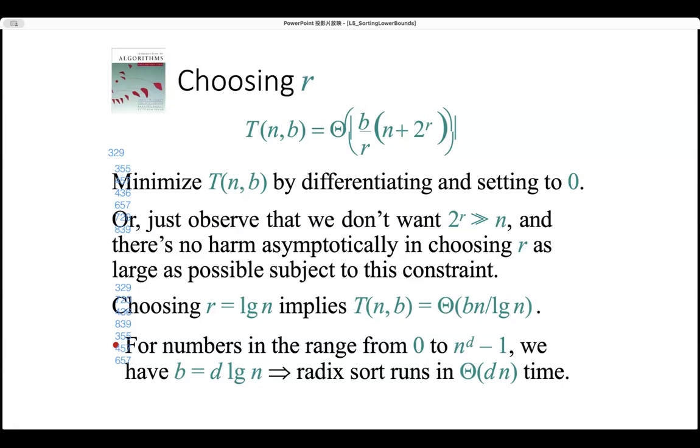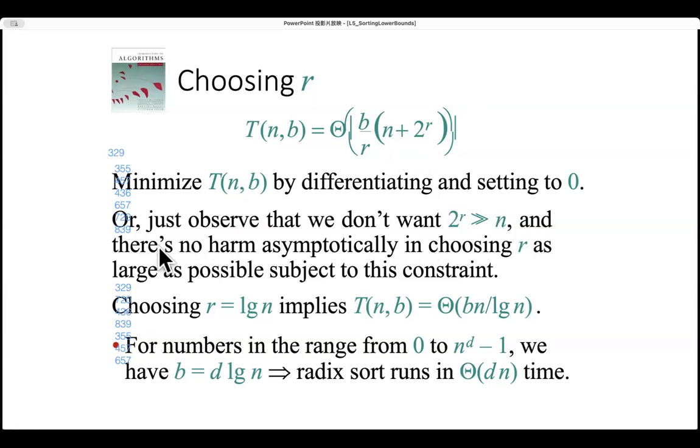Another way is to simply observe that we don't want 2 to the power of R to have a larger order than n, because then this would have higher order than linear, which is something we don't want.